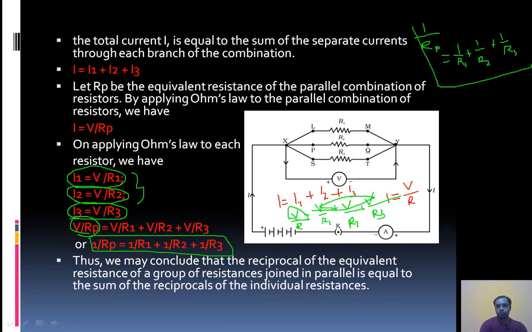This one you should keep in mind. In the case of series connection, resistances can be directly added, that is R equal to R1 plus R2 plus R3. In the case of parallel connection, 1 by R is equal to 1 by R1 plus 1 by R2 plus 1 by R3, and it goes on like that. Okay.